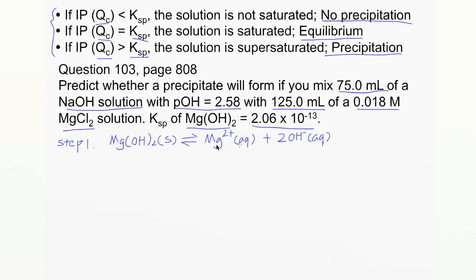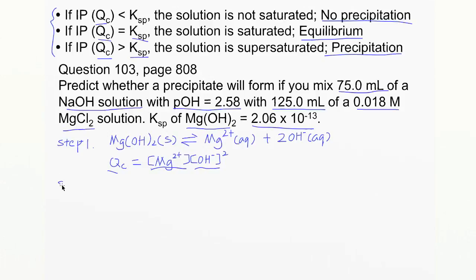So based on this, QC of magnesium hydroxide equals the magnesium 2 plus concentration times the concentration of OH to the square. So if we want to know QC, we have to know the magnesium concentration in the mixture and the hydroxide concentration in the mixture.